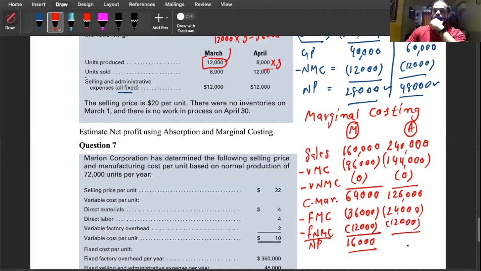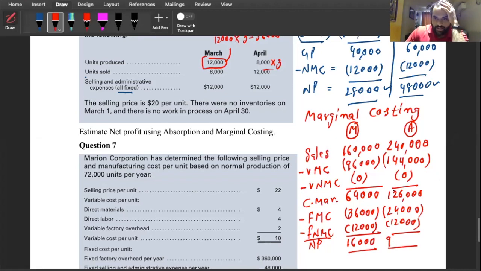So how much is your net profit? 90 or 60? Check again, 90 or 60? It must be 90. Contribution margin is not 126.